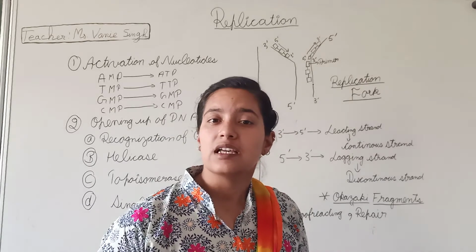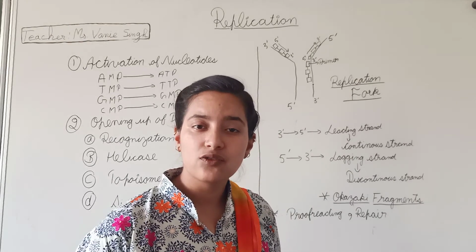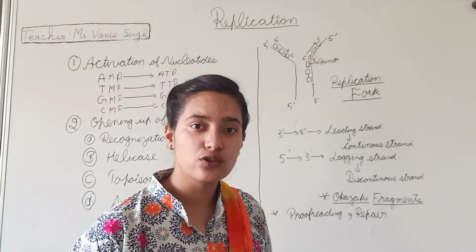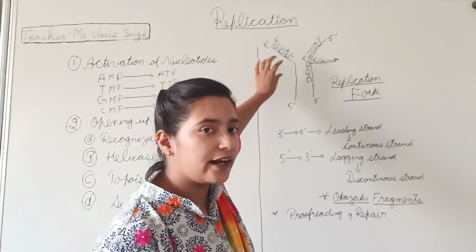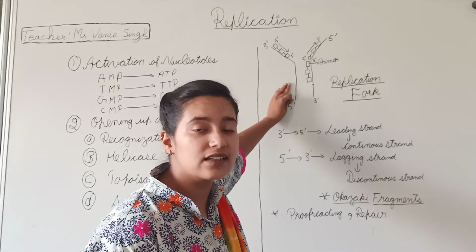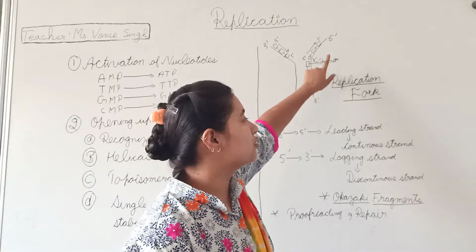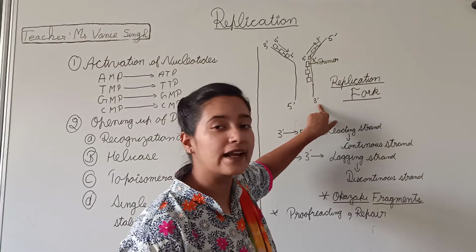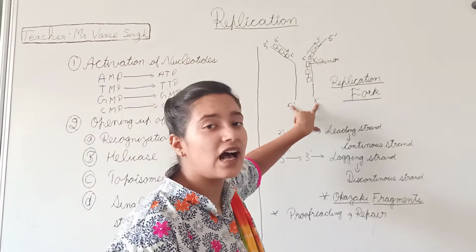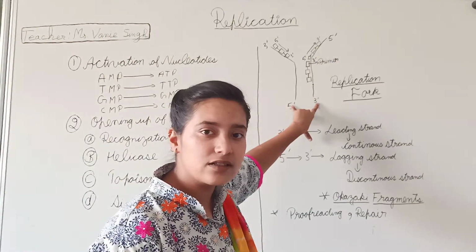As we know, in DNA there are 2 ends, the 3' end and the 5' end. This strand, from 3' end to 5' end, is acting as the parent strand. And here you can see one more strand, from 5' end to 3' end. These two strands are acting as the parent strands.